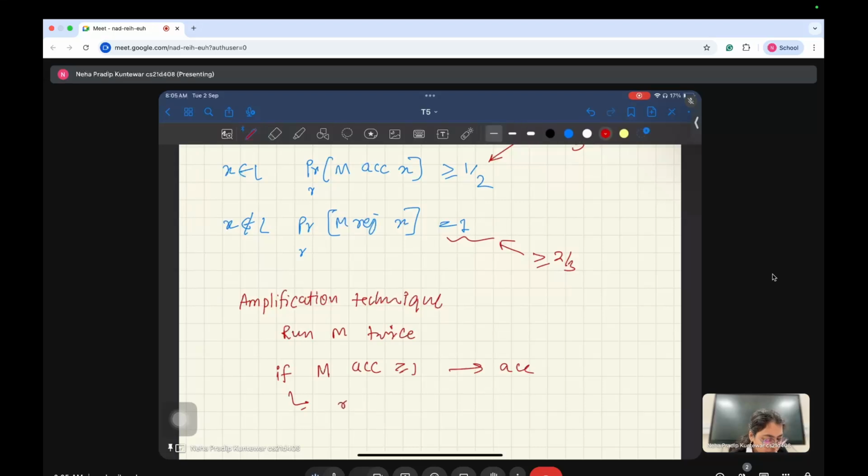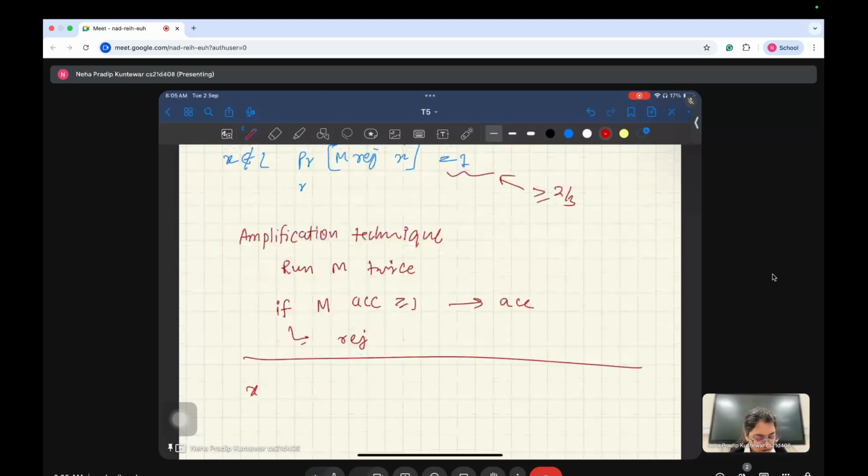Okay, so what will happen? The same analysis that we did. If X is not in the language, then both the runs will say reject, so we will end up rejecting. So the probability that our new machine rejects is still 1, which is at least 2/3, so this is fine.